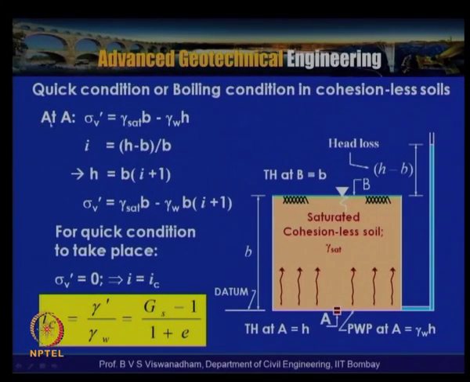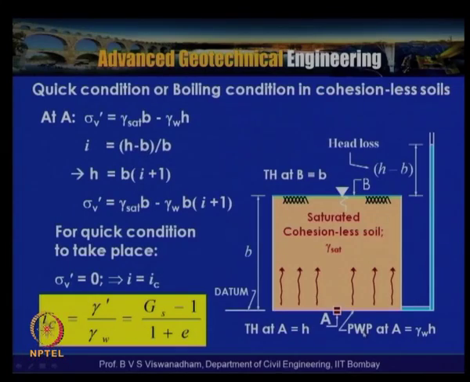Okay. So, at A, sigma v dash is gamma sat b, where b is the thickness of the soil layer and gamma sat is the saturated unit weight of the soil, minus gamma w H. Now, i is H minus b divided by b, the head loss over the length of the soil, b.